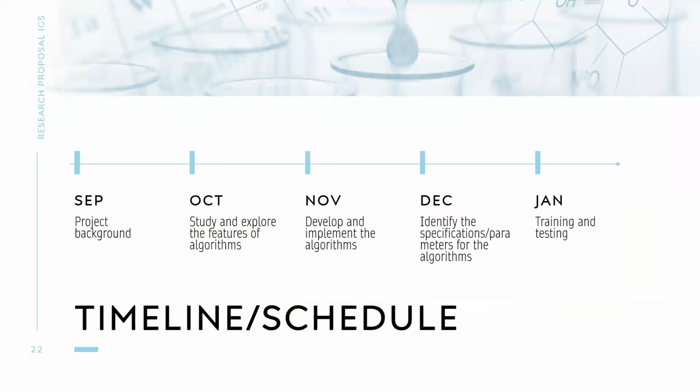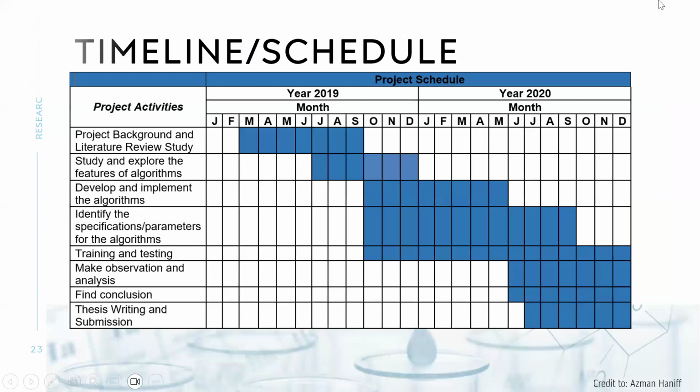Okay, of course, you have to put a timeline and schedule. This is to convince your panel that you will be able to finish everything within the time frame. If your project is for 2 years, then you have to really convince them: for the background literature, how long will you take to study and explore the features of the algorithm?